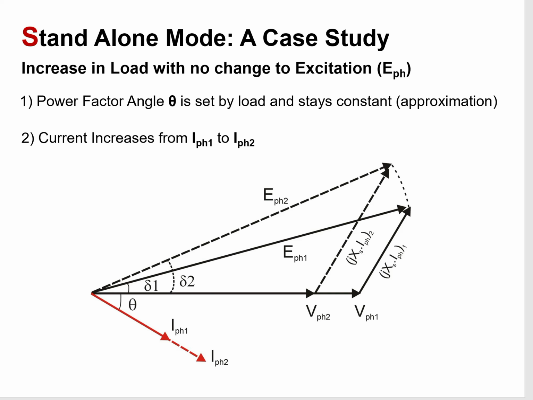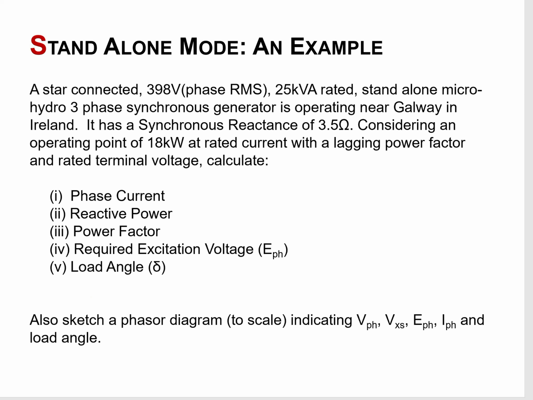Now, let us take a look at an example which is related to the standalone mode. Imagine that there is a star-connected 398 volt phase RMS and 25 kilovolt ampere rated standalone micro-hydro three-phase synchronous generator operating near Galway in Ireland. It has a synchronous reactance of 3.5 ohm.